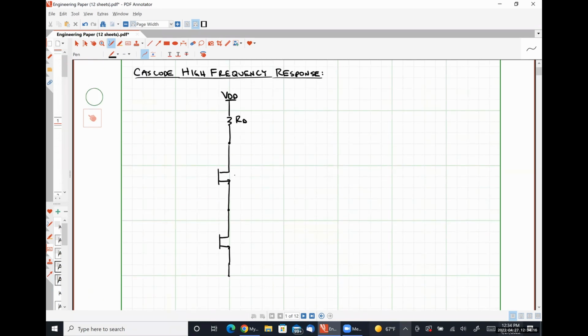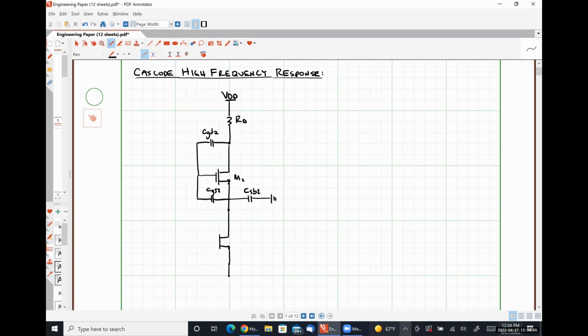Let's start filling some things in here. So for transistor M2, we are going to have our gate drain capacitance, CGD2, like so. Our gate source capacitance, CGS2, like so. Our source bulk capacitance, CSB2.